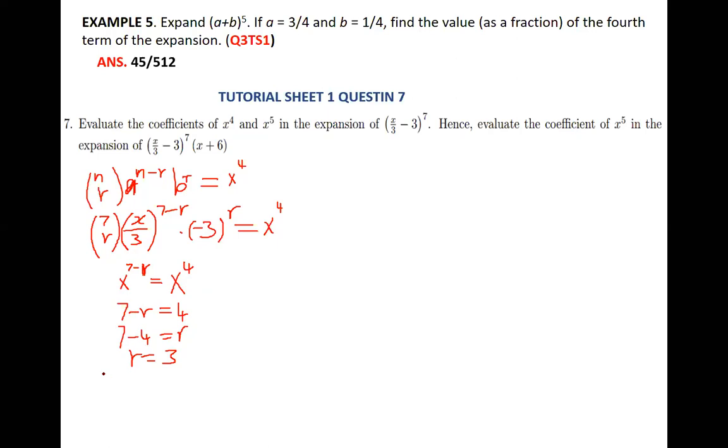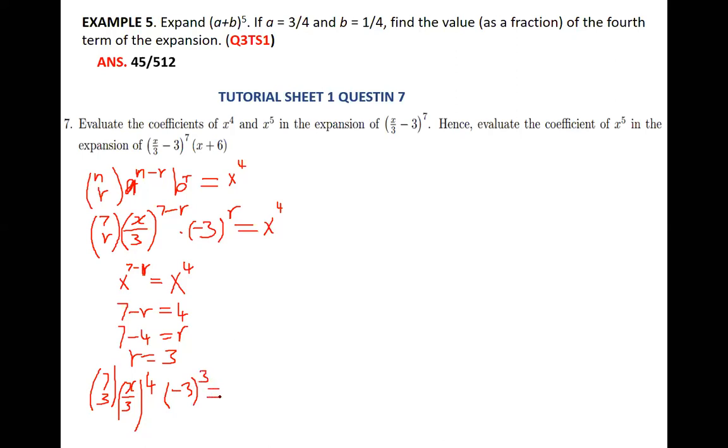So I'm going to say 7 choose 3, and then your a there is x over 3, and then you say 7 minus 3, you get your 4 there, and then multiply everything by negative 3 to the power r, which is 3.